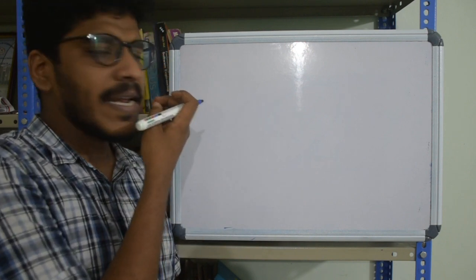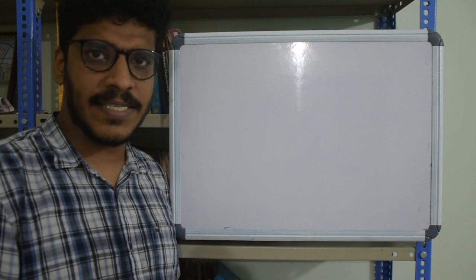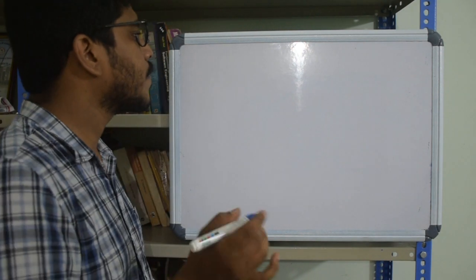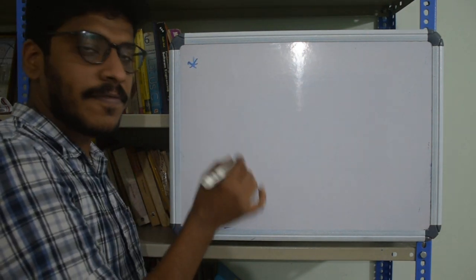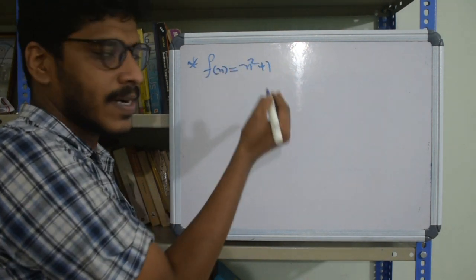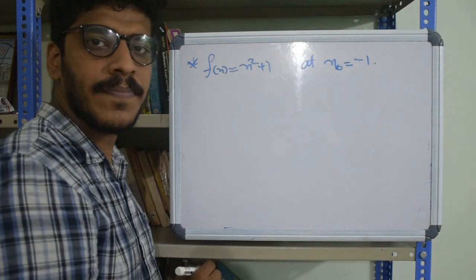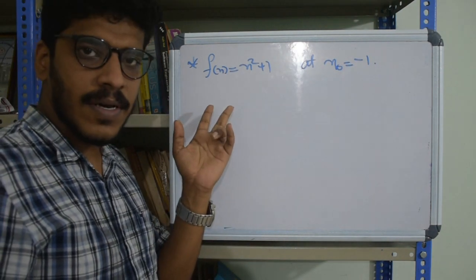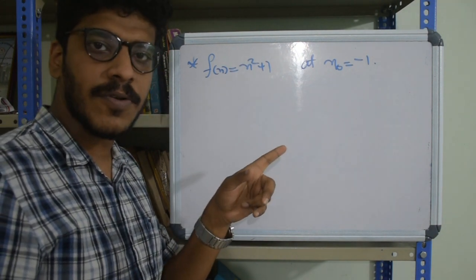Right. But in a practical sense, we may not be drawing the graph, the secant line, or even the tangent line, but we'll just use the formula. Let's try with an example. Find the slope of the tangent to the graph of the function f of x equal to x squared plus 1 at x0 equal to minus 1.